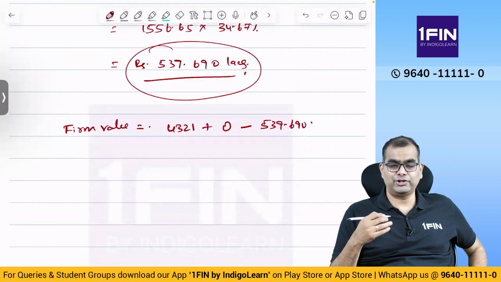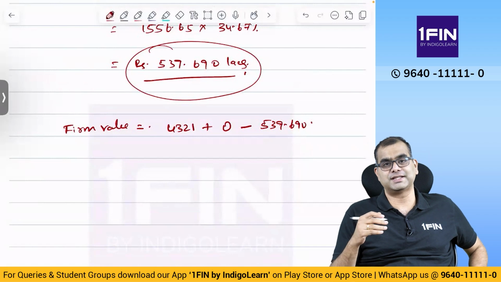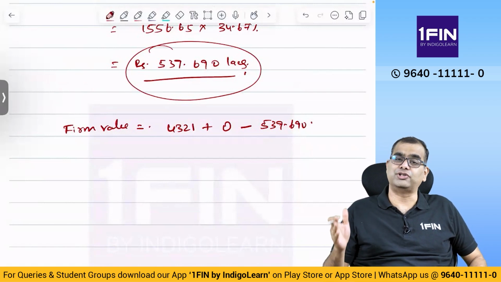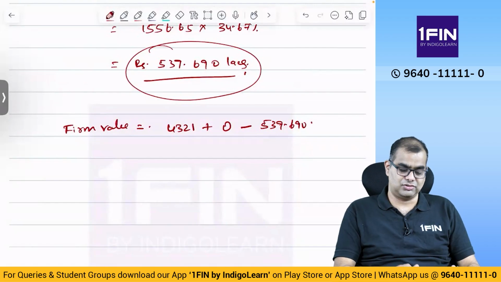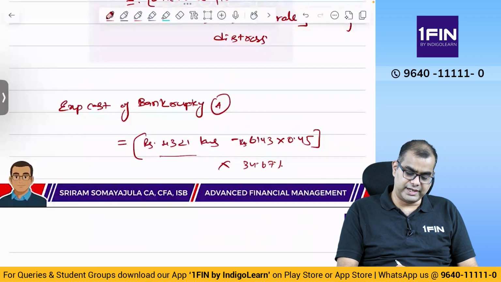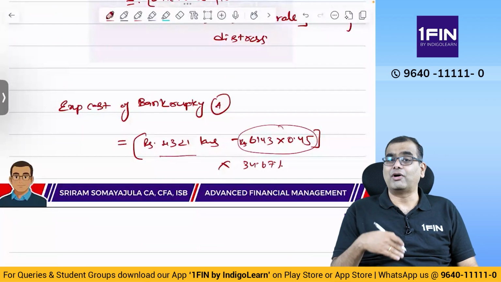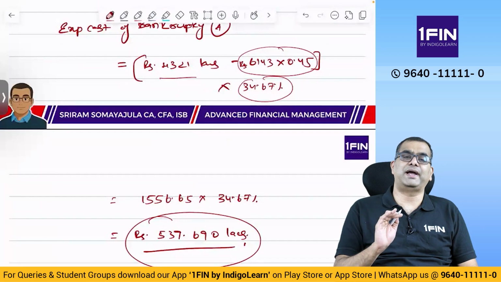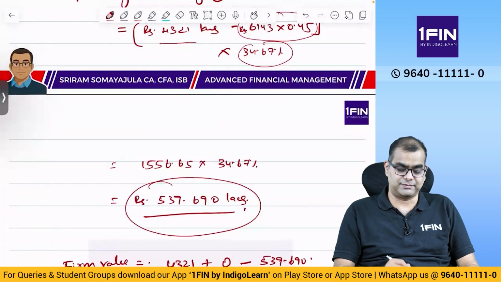How much value are you going to lose, the expected value that you are going to lose because of bankruptcy? Basically, if you are bankrupt, you will only realize this. So, you are going to incur a huge loss. What is the probability weighted loss? Here this is your ideal value, but this is the money you are going to recover. The difference between those two is the loss. What is the probability of that loss? 34.67%. So, the probability weighted loss in value of the firm due to bankruptcy is 539.